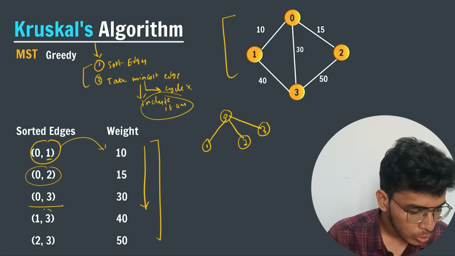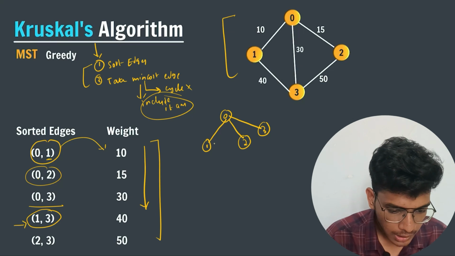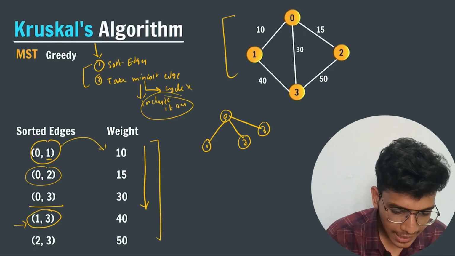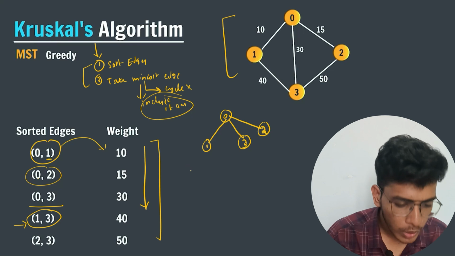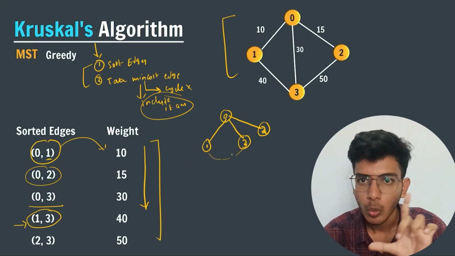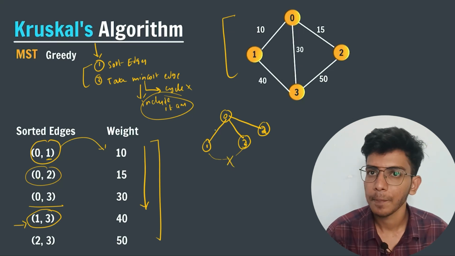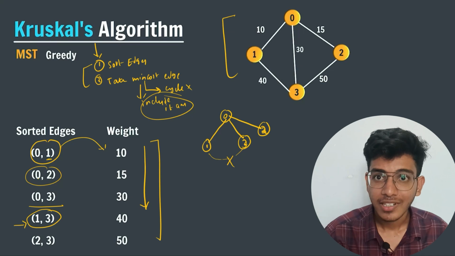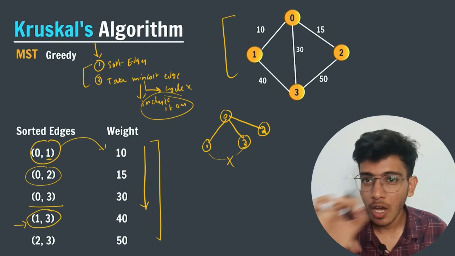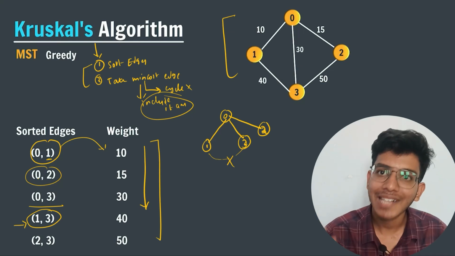Now I will come to the next item. 1 is connected with 3. Actually, this is 3 and this is 2. So 1 is connected with 3. If I connect 1 with 3, then what will happen? It will create a cycle. And if it is creating a cycle, then I will not consider those two nodes as a connection.